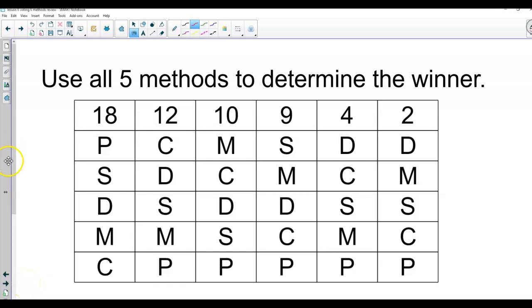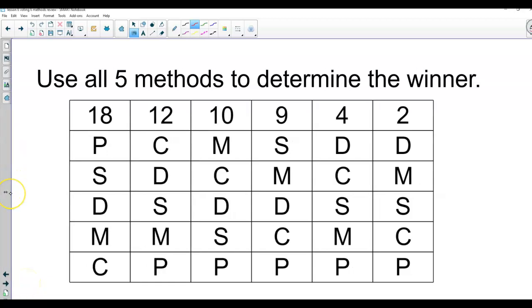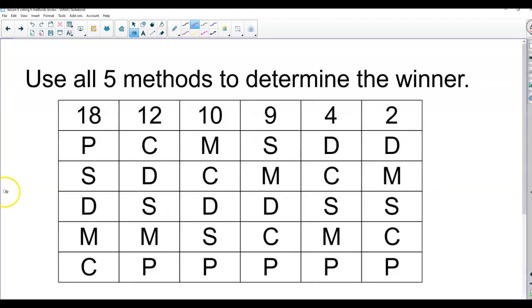Right, so first, when I do my plurality winner, we want to find the winner by plurality here. P has 18 votes, C has 12 votes, M has 10 votes, S has 9 votes, and D has 4 too, so D has 6 first place votes.